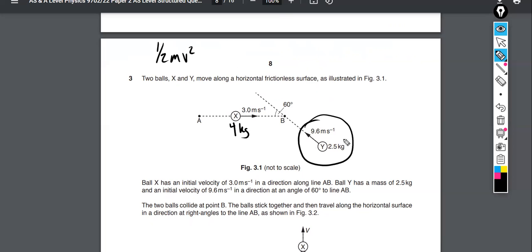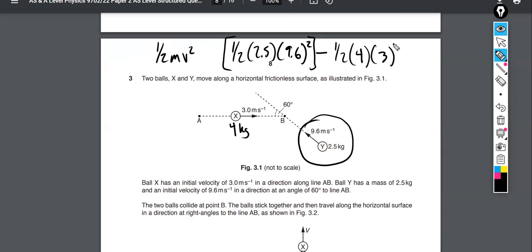So I'm going to set this one as my first term. So I'm going to say 1/2 2.5 times 9.6 squared minus, I want all that in brackets, minus 1/2 4 times 3 squared.